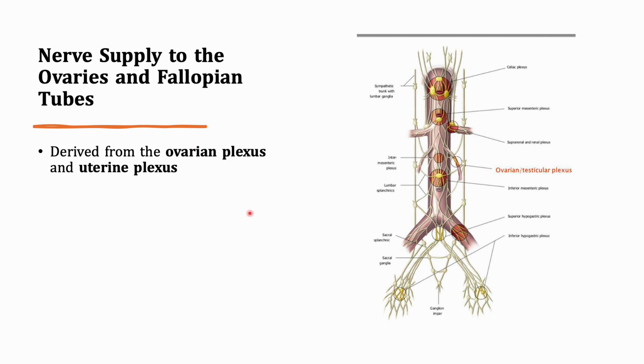Lastly, or almost close to being done, the nerve supply to the ovaries and the fallopian tubes. The ovaries have their own ovarian plexus, and there's also a testicular plexus, but here we're going to talk about ovaries. The nerve supply is derived from the ovarian plexus and the uterine plexus for the ovaries and the fallopian tube.